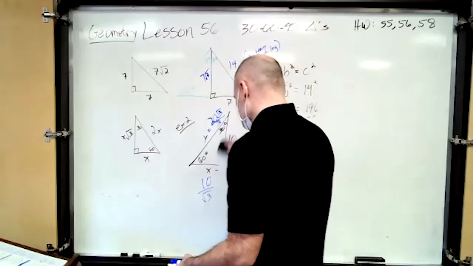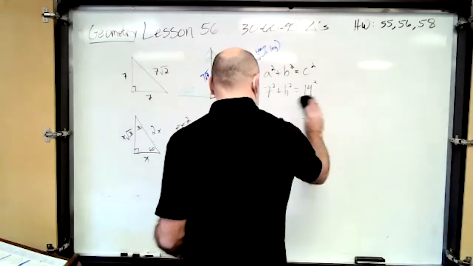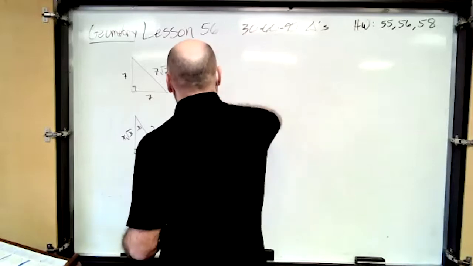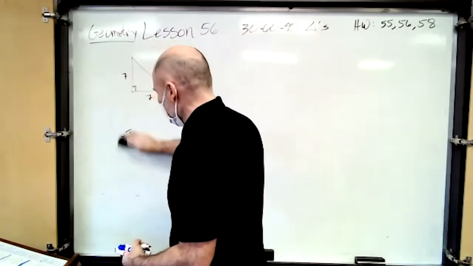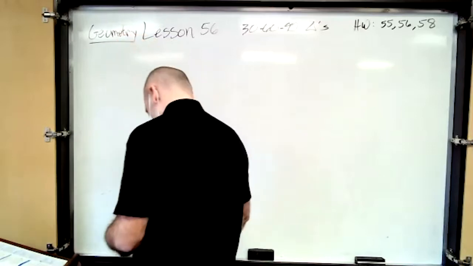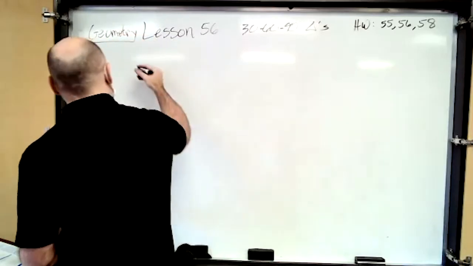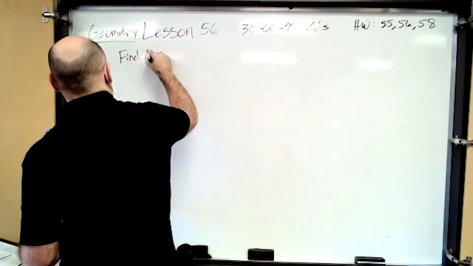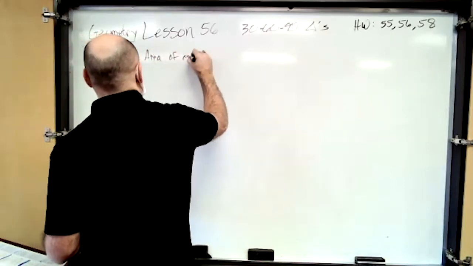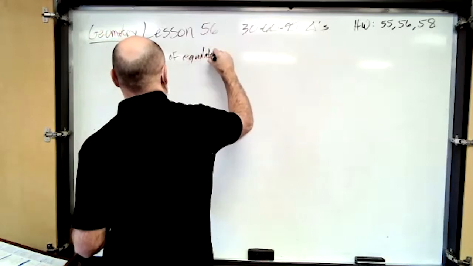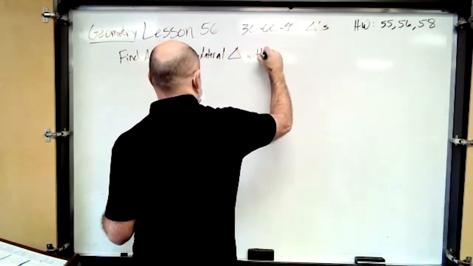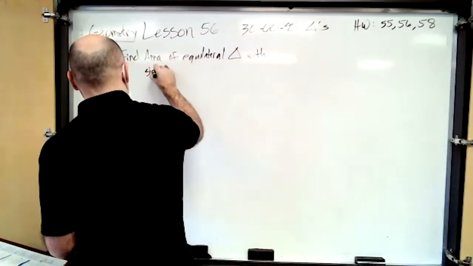So I want to find the area of an equilateral triangle with the side of 5. Okay, so I'm going to find the area of an equilateral triangle. It sounds like an easy problem because it gives us a side length.